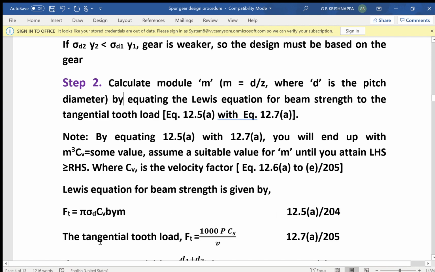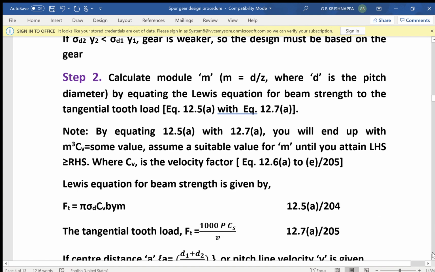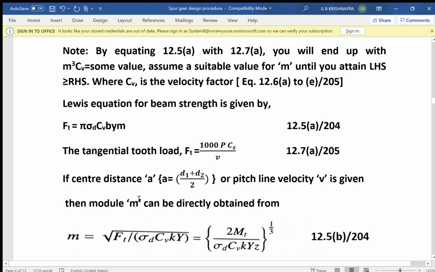And 12.7a is the tangential tooth load Ft, that is 1000 into P into Cs by v, where v is the pitch line velocity. If the center distance a, that is (d1 plus d2) by 2, or the pitch line velocity v is given, then module m can be directly obtained from this equation.